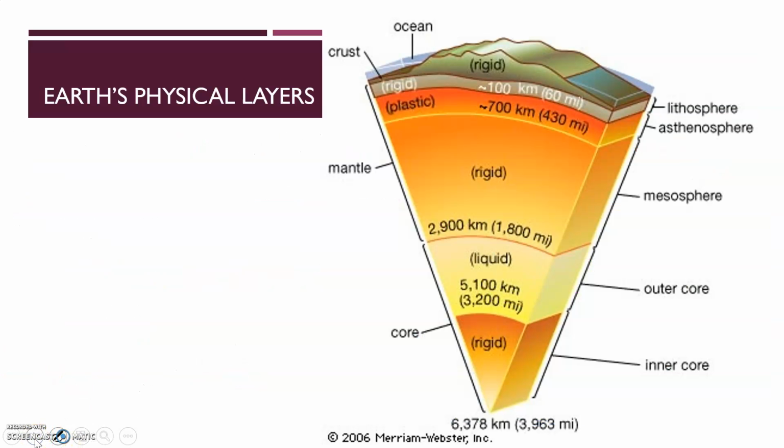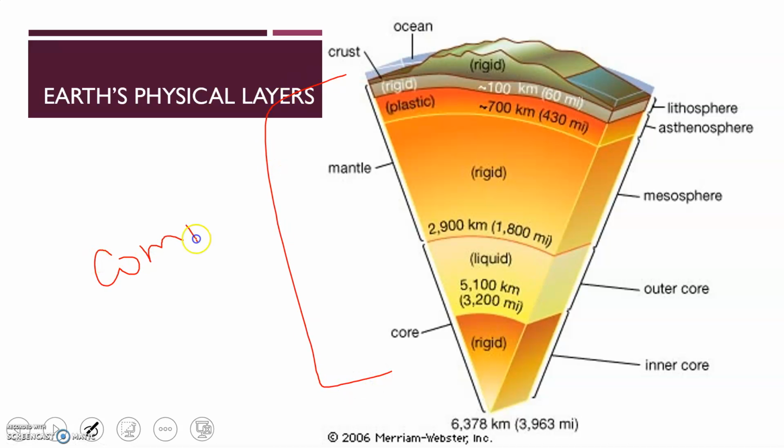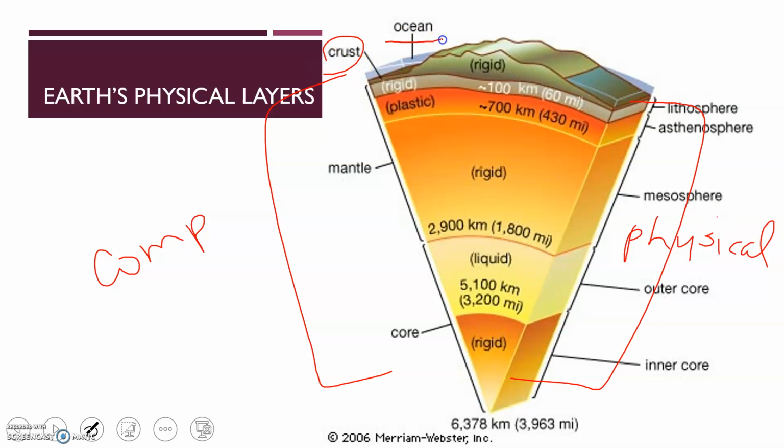All right, so this is when you put them together. This side makes up the composition layers, and this side makes up the physical layers. As you can see, they do cross over one another. So you have your crust up here, divided into oceanic and continental. It's not labeled, but there it is.